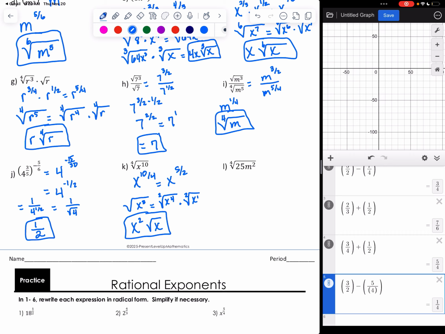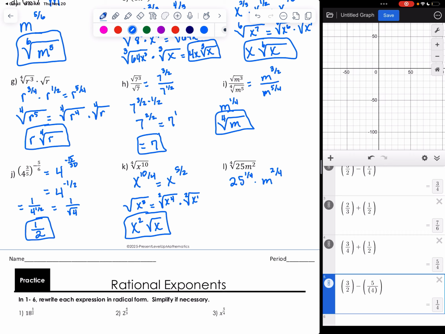All right. In the last problem, we have the square root, or excuse me, not the square root, the fourth root of 25m squared. So I could rewrite this as 25 to the 1/4 power times m to the 2/4 power.